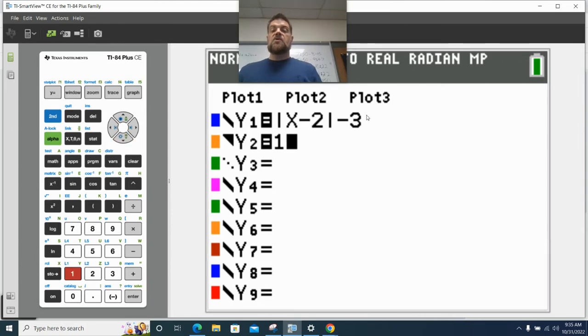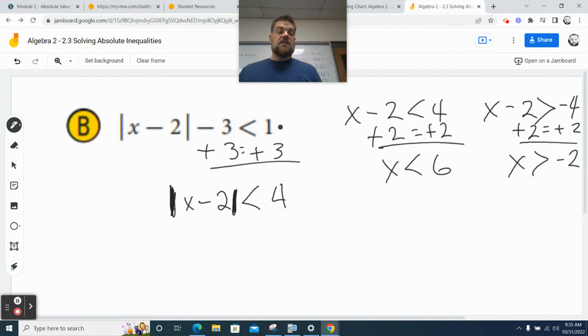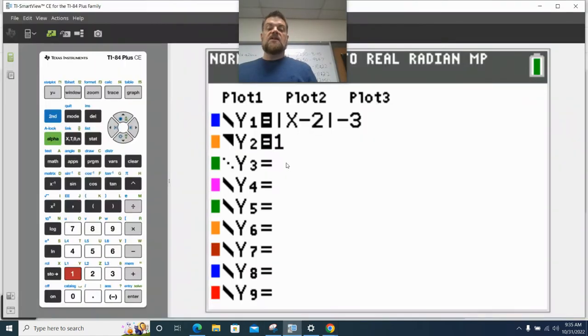So what I'm doing is I'm putting the left-hand side of the equal sign right here in y1 and the right-hand side of the equal sign here. Now, the only difference is take your pencil and I want you to circle less than 1. So this whole thing is less than 1. Okay? So that means on y1, when I go to graph this, it has to be less than 1.